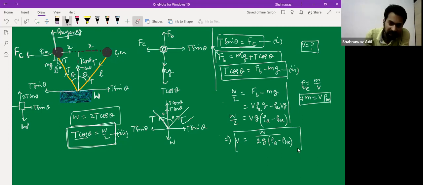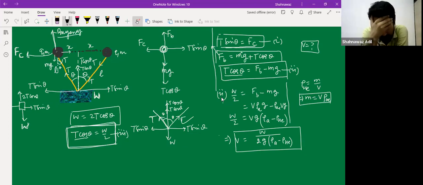Right, guys? Any doubt? So this was the second question. Okay, guys, please note down this part, and then we will do one more problem in buoyancy.